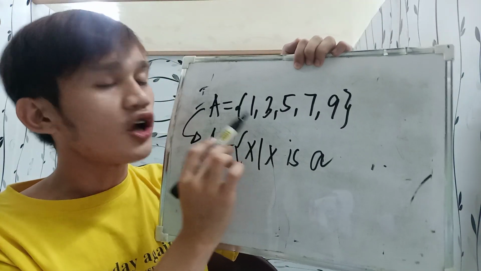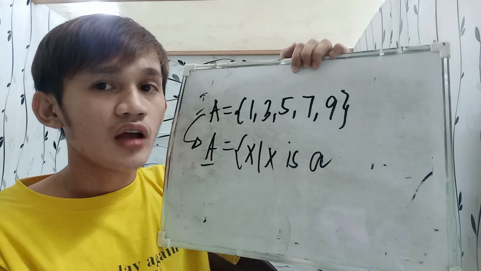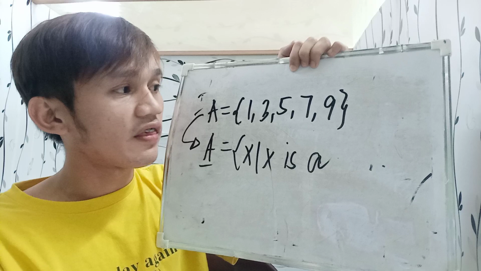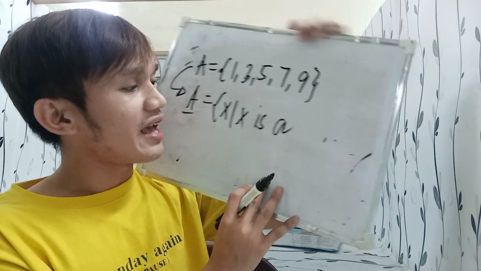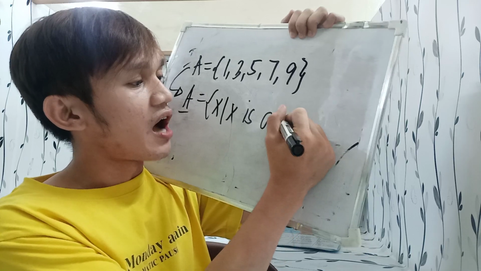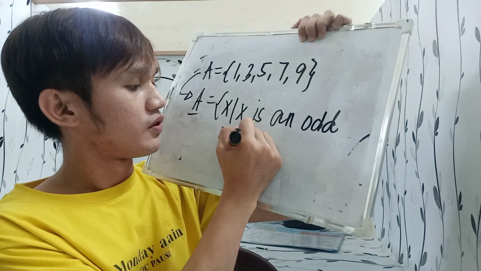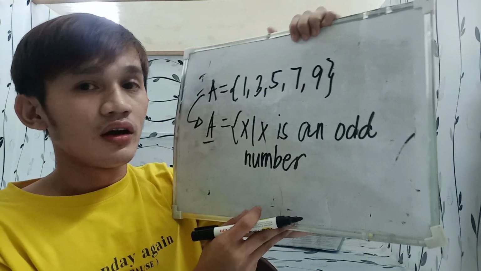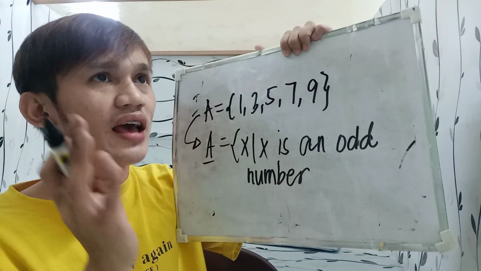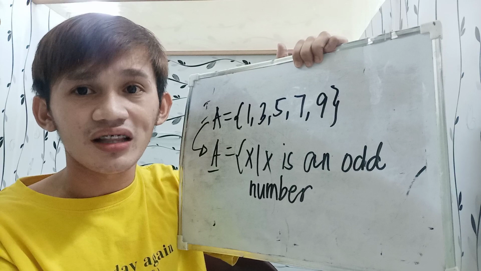Notice that all of these numbers are odd numbers. We have 1, 3, 5, 7, and 9. So x such that x is an odd number. But we also have 11, 13, and so on, which are not included in the set.